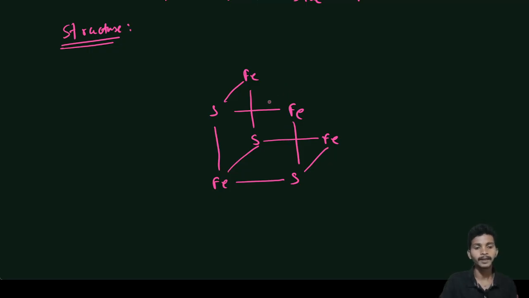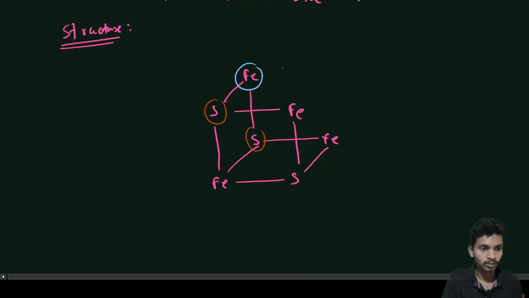So wherever this Fe is present, it is always attached with 4 sulfur atoms. So here we see that this Fe is attached with 4 sulfur atoms, these sulfurs and these sulfurs, 2 only. Okay, so another you need to draw. So it will go here S. How many sulfurs? 1, 2, 3, 3 sulfurs.